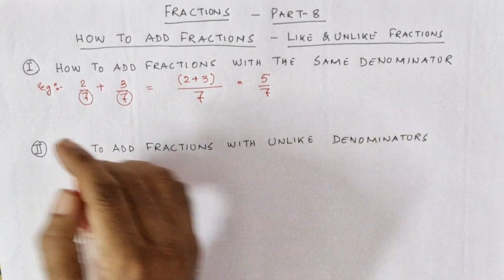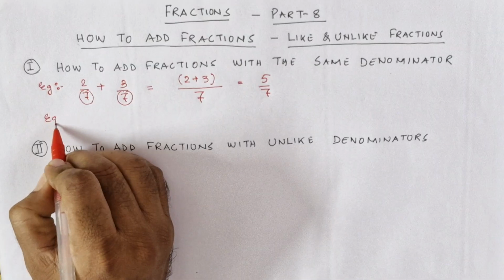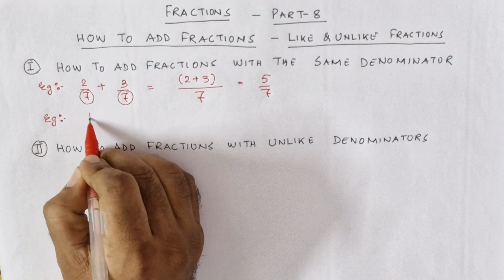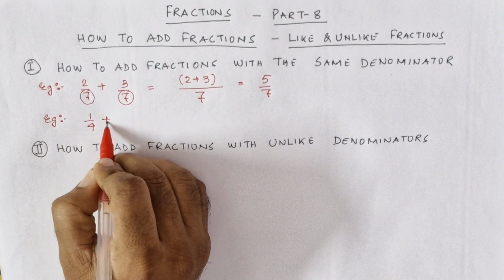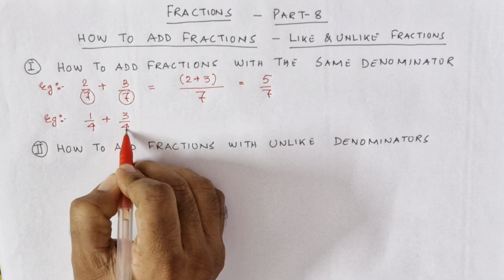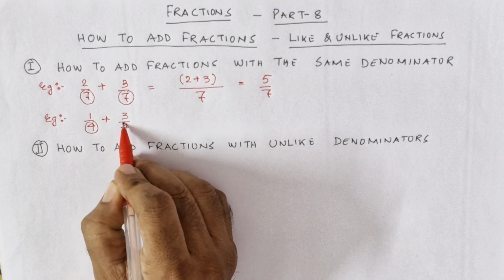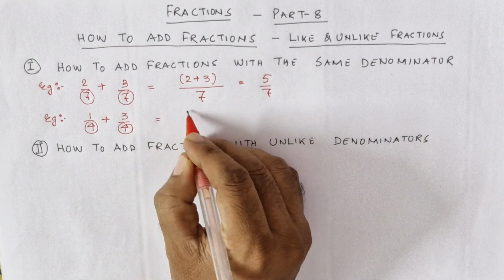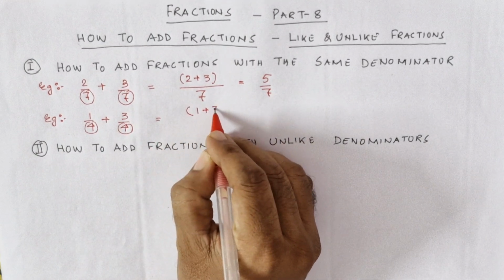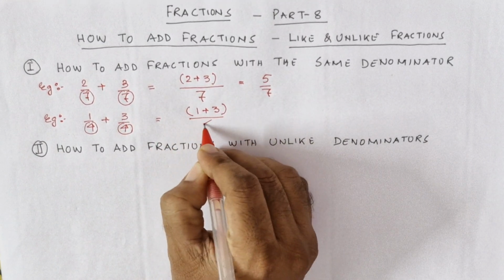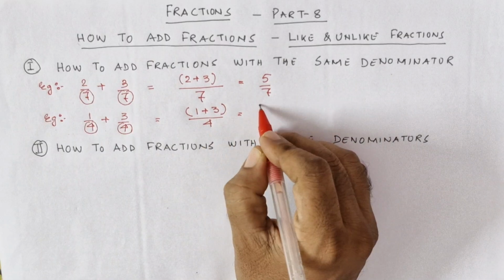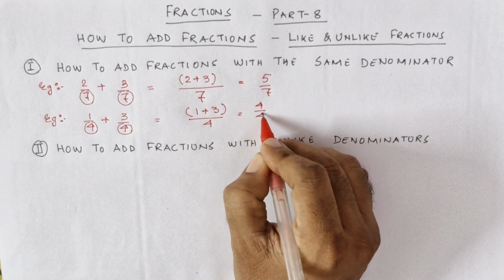For example, let's see another example. 1 by 4 plus 3 by 4. Both the fractions are like fractions as their denominators are the same. Now we'll just add the numerators and keep the denominator the same as 4. Now the end result is 4 by 4.